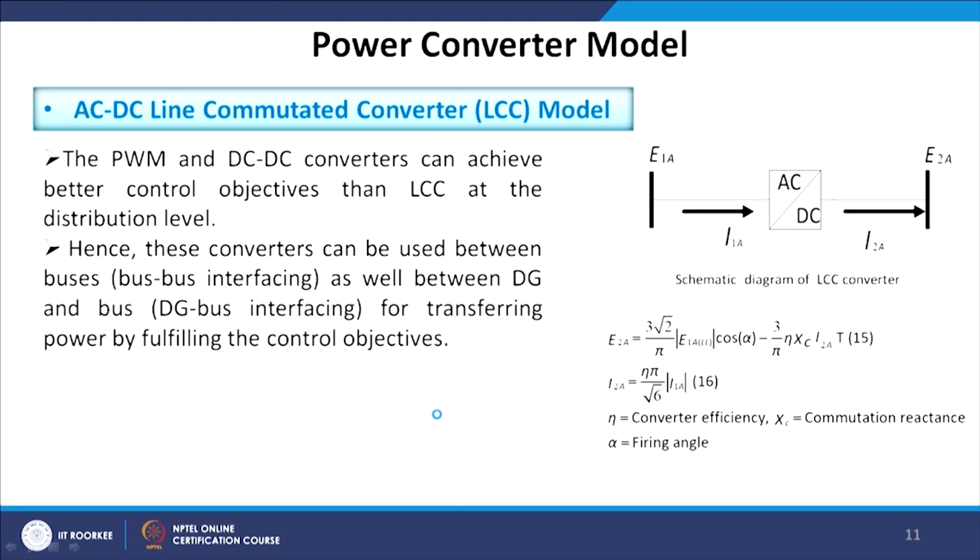But LCCs are not so precise, so in scenarios where precise control objectives are not highly expected, LCC can be used for bus to bus interfacing, but not for DG to bus interfacing. That is what is recommended.